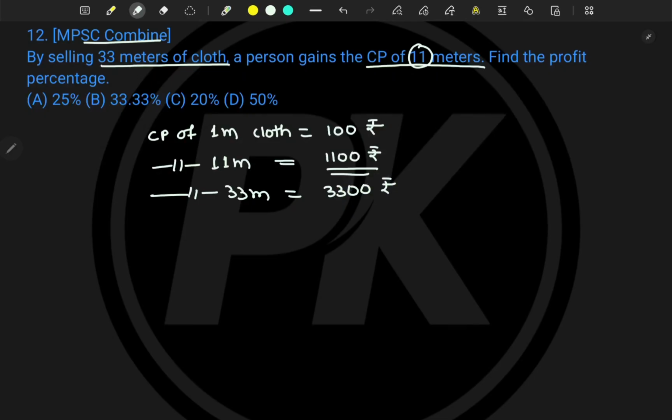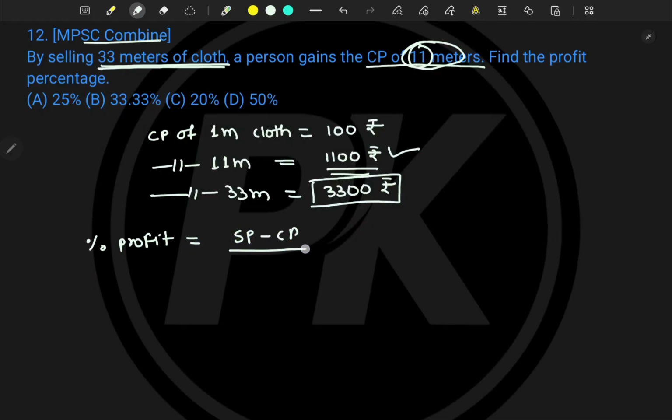Now what the problem is saying is, by selling 33 meters of the cloth, so when I am making a sale of 3300, I am gaining 11 meters' cost price, which is 1100. So now tell me the percentage of profit. This is what is asked. It is equal to selling price minus cost price, divided by cost price, into 100.